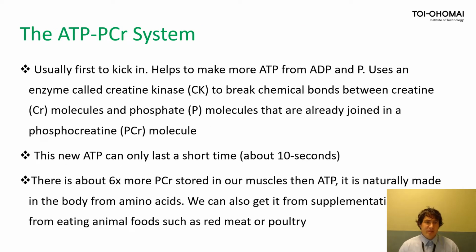So the ATP-PCR system, we're going to look at these all individually. It's usually the first to kick in. If you ask your body to start cracking open a lot of ATP for some reason, it helps to make more ATP from ADP and phosphate. So it uses an enzyme called creatine kinase.